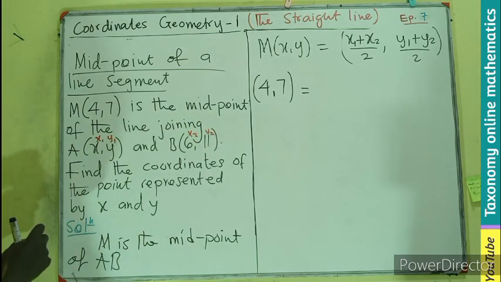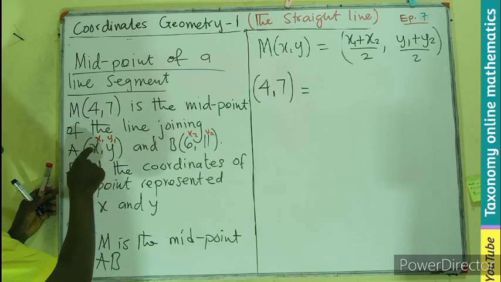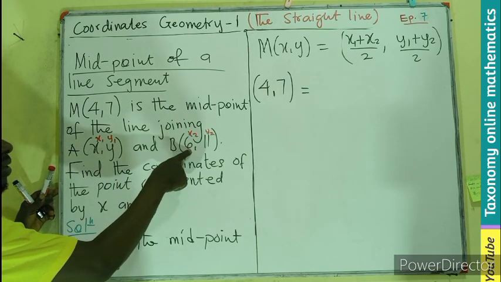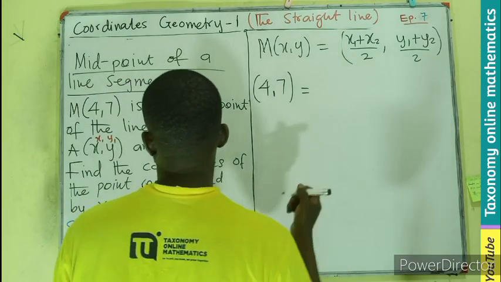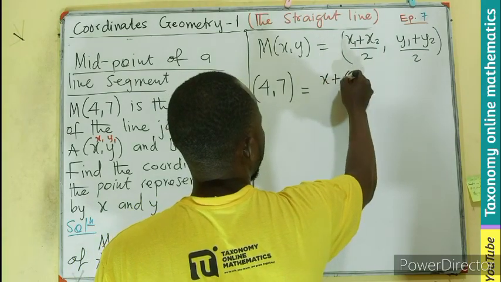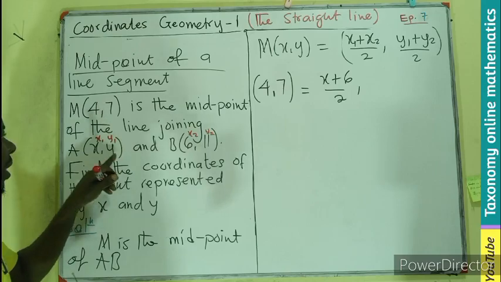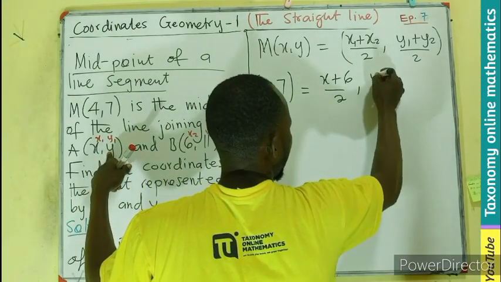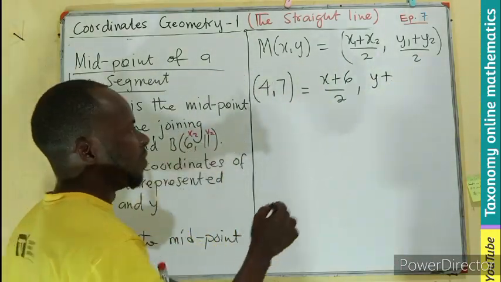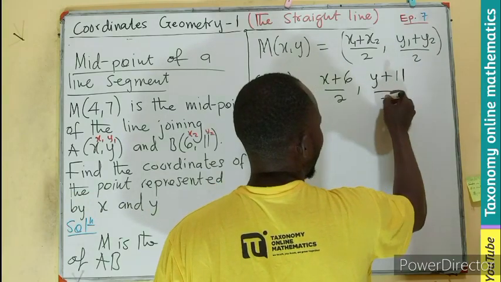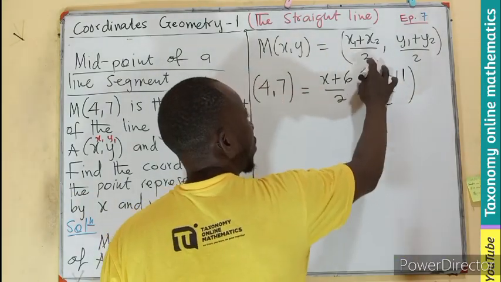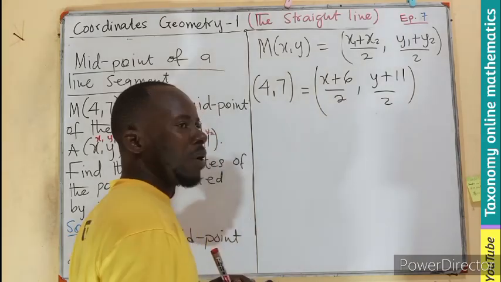If we are adding, we pick x plus 6 divided by 2, which gives us the first coordinate. Then we pick y plus 11, divided by 2. This will give us the coordinate.